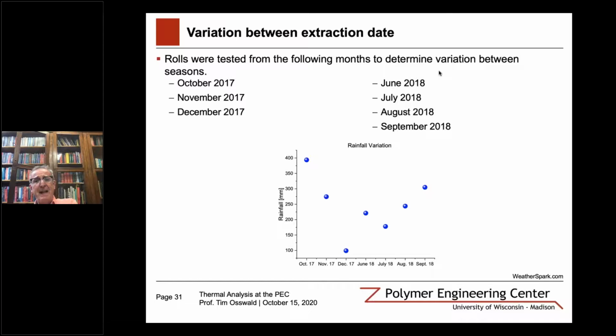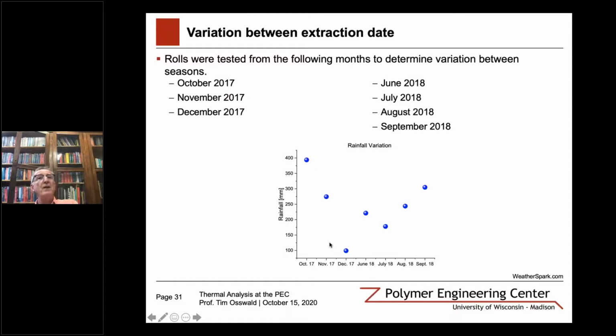One of the things Alan and I wanted to know is, if we're going to use these for footwear manufacturing, there's a lot of variation and variability in natural rubber. For one, if we look at different samples, different times of the year, we have different rainfall for those times.